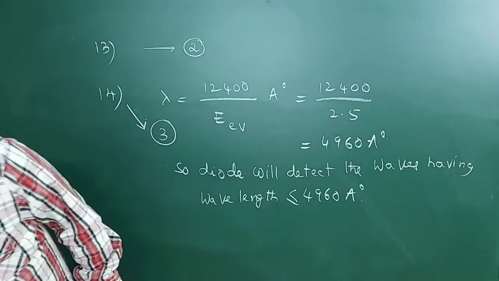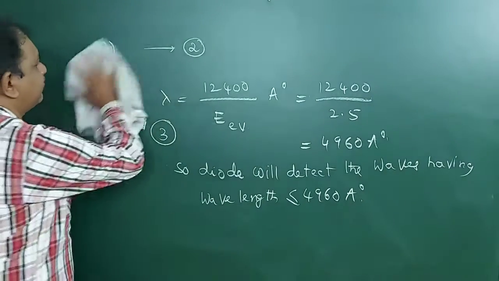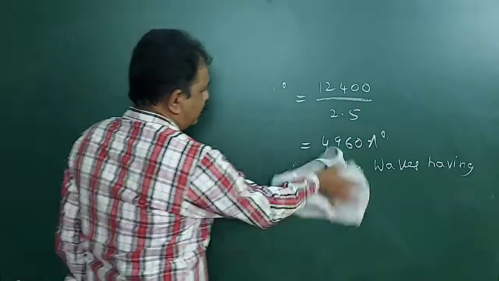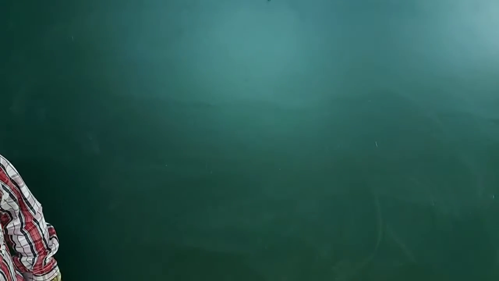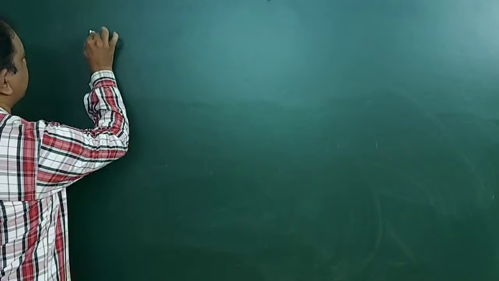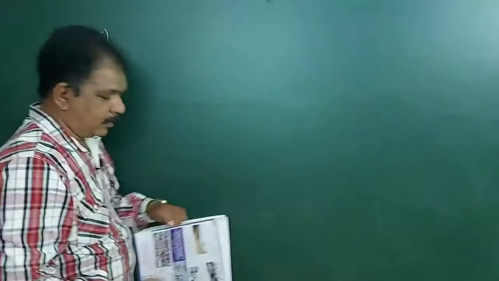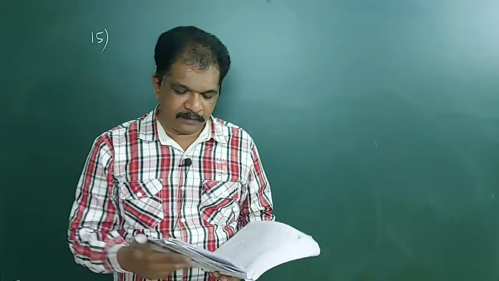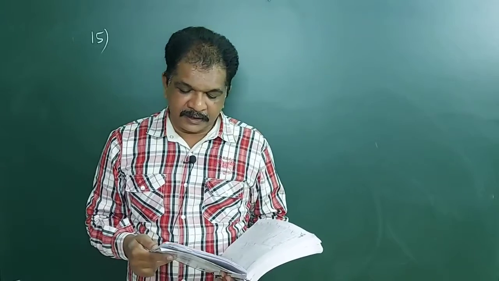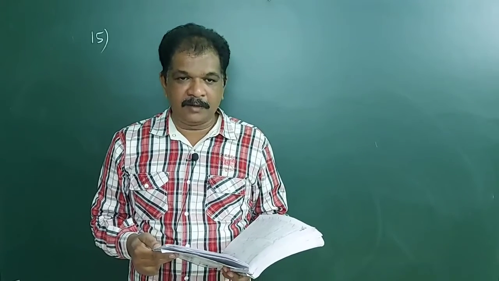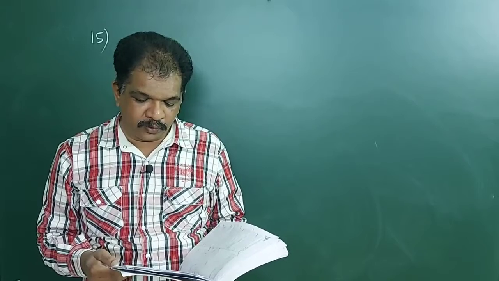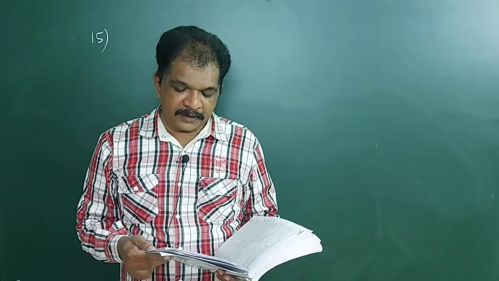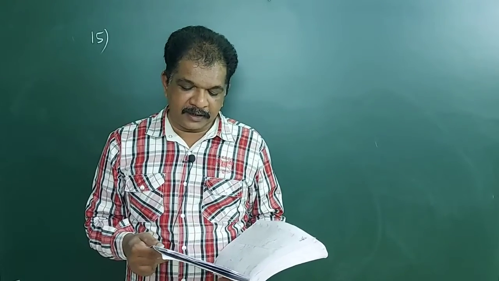Okay. Next, 15. See what they are asking. A transistor is operated in a common emitter configuration at Vc equal to 2 volt. Given the change in the base current and the change in the collector current, what is the current gain?